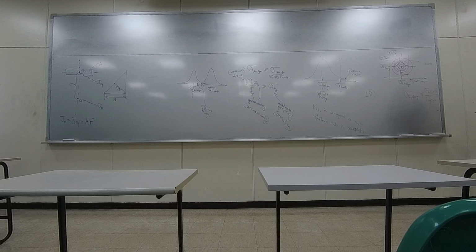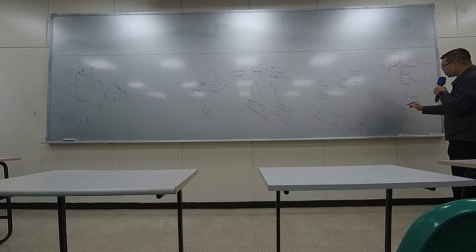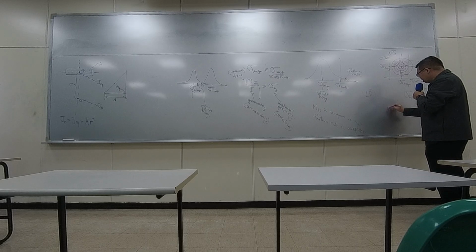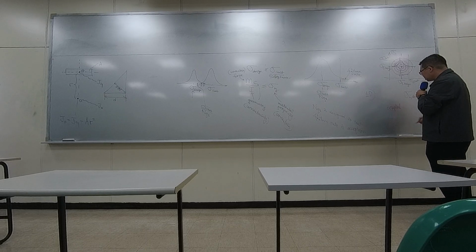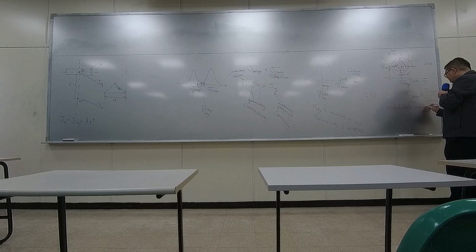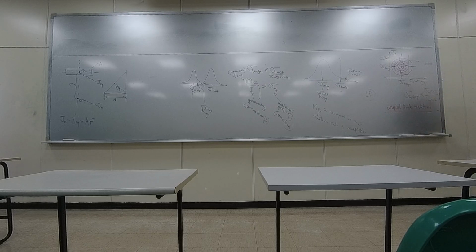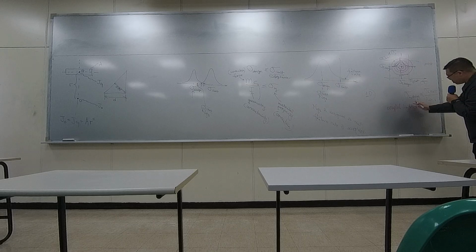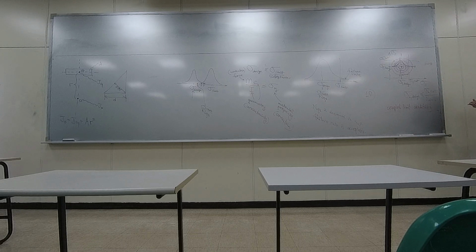Okay, so what's going to happen is you may have a coupled effect between two factors. So sometimes you have coupled limit conditions. What does that mean?